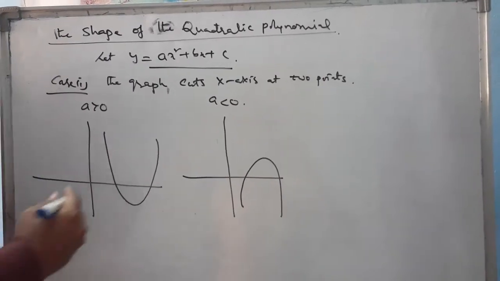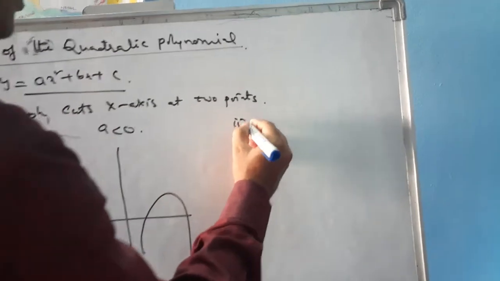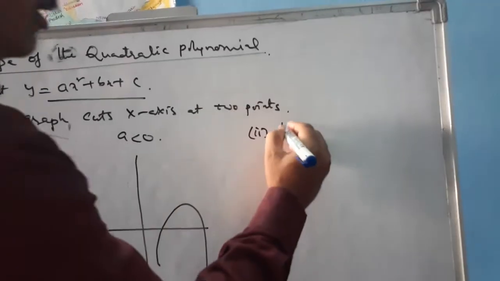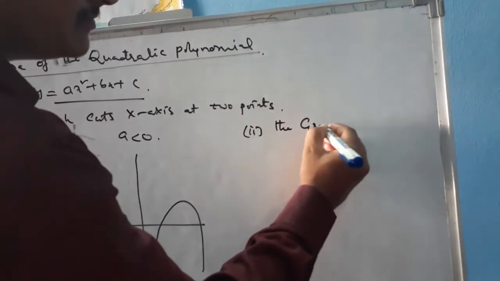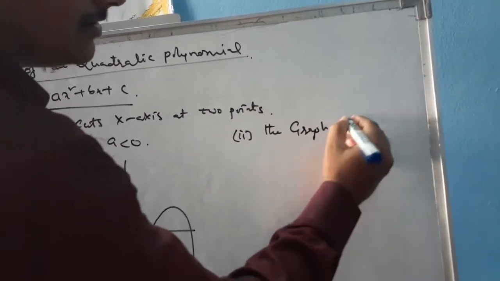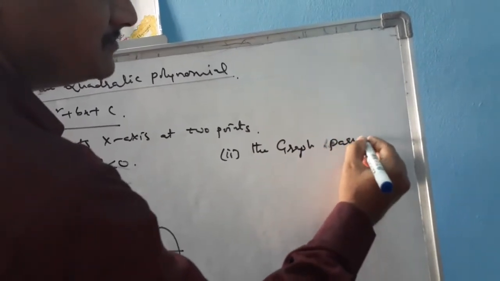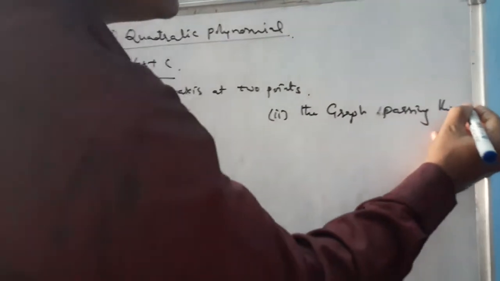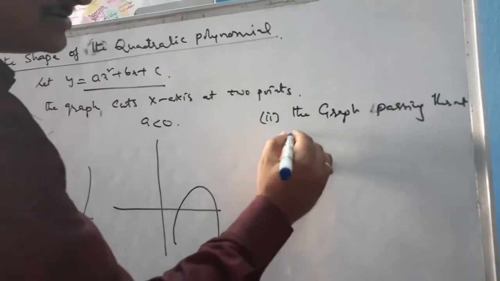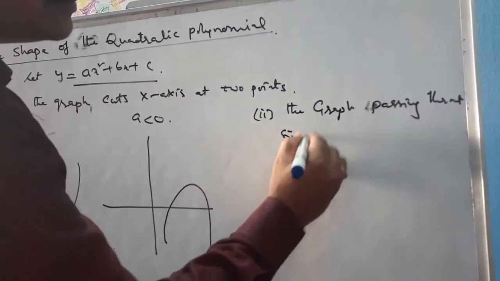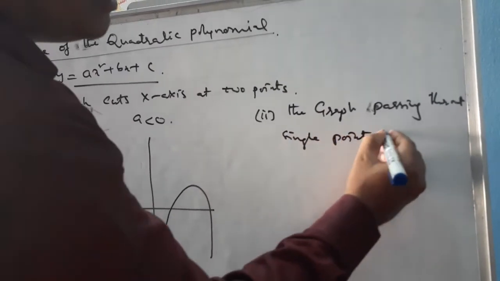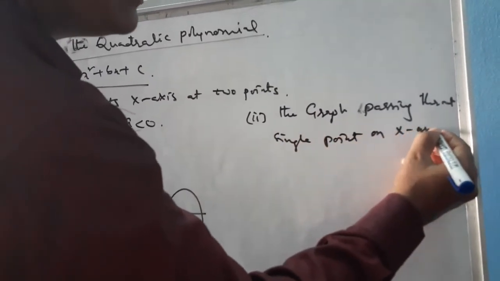And what is the second case? The second case is the graph passing through a single point on the x-axis.